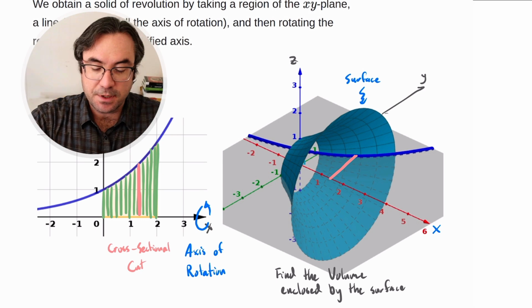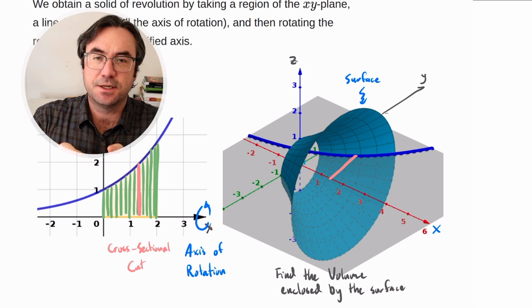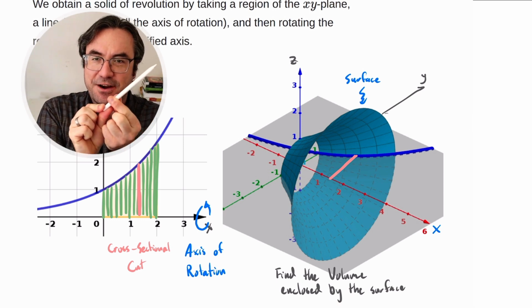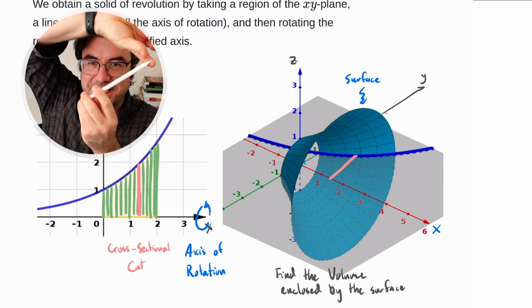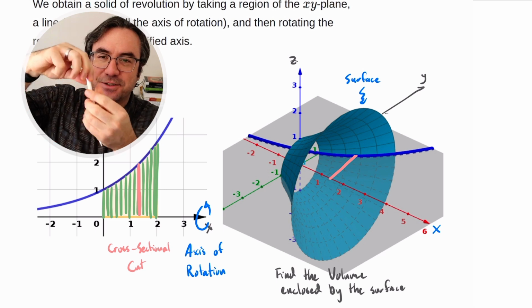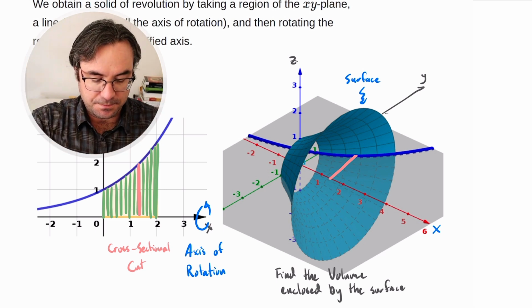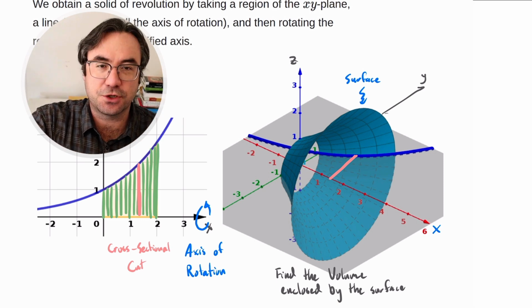And we imagine, again, rotating this around the x-axis. If you imagine that rotating, what happens is it's going to trace out a circle. And that's going to be our cross-sectional area, our cross-sectional region.